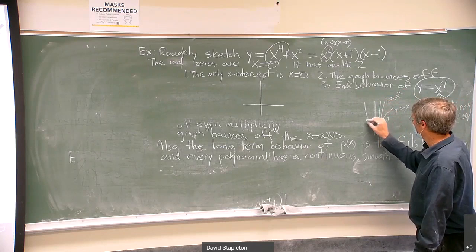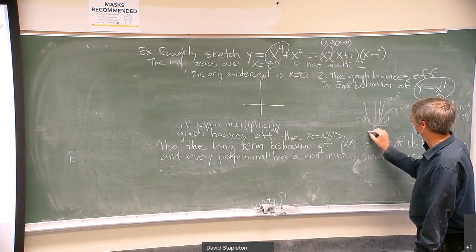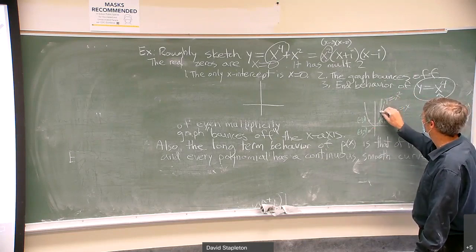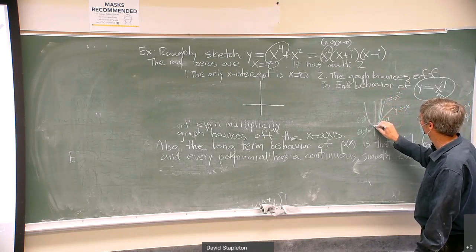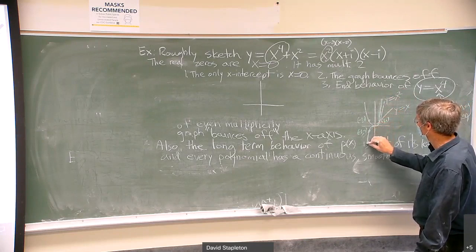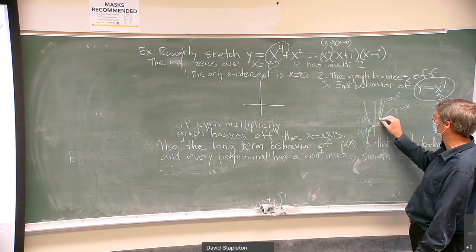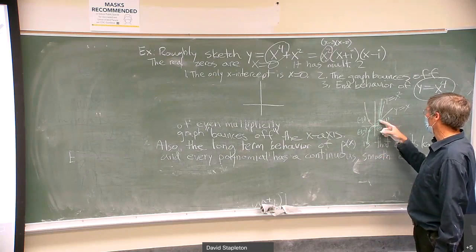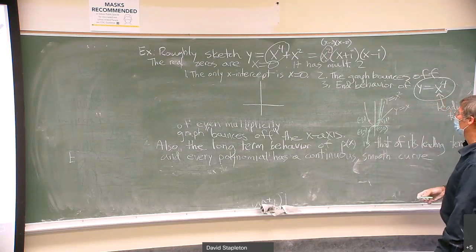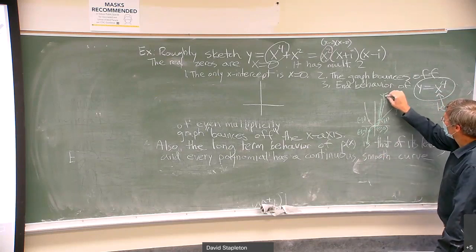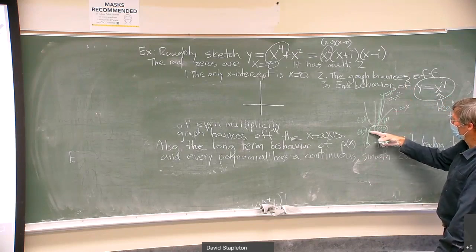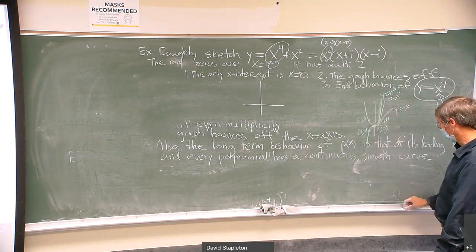The even ones go through (-1, 1), and the odd ones go through (-1, -1). Y equals x cubed is steeper than x squared out here and flatter in here, and then it's an odd function that goes through (-1, -1). So all the odd powers go through (0, 0), and all of them go through (1, 1) when you take powers of x. This is y equals x cubed. The odd ones also go through (-1, -1), and the even ones all go through (-1, 1).